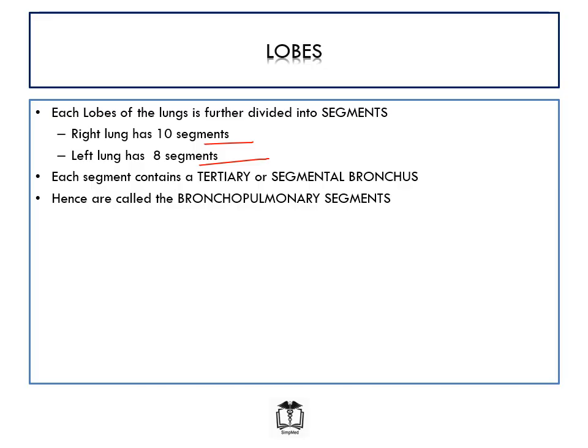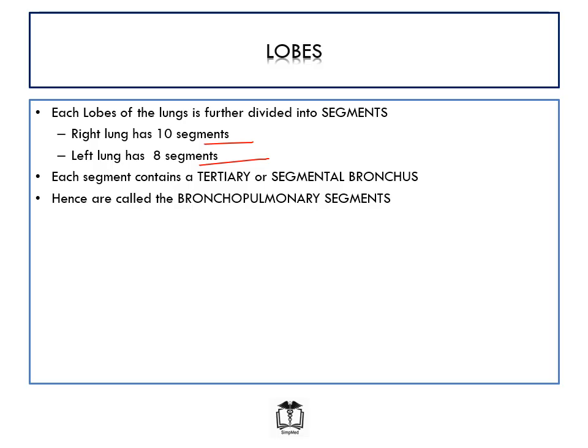Remember, when talking about tertiary bronchi in a separate model, we mentioned that on the right side, the tertiary bronchi are 10 in number, and the left tertiary bronchi are 8 in number. So they marry well with the 10 segments of the lungs on the right side, and then the 8 segments of the lungs on the left side.